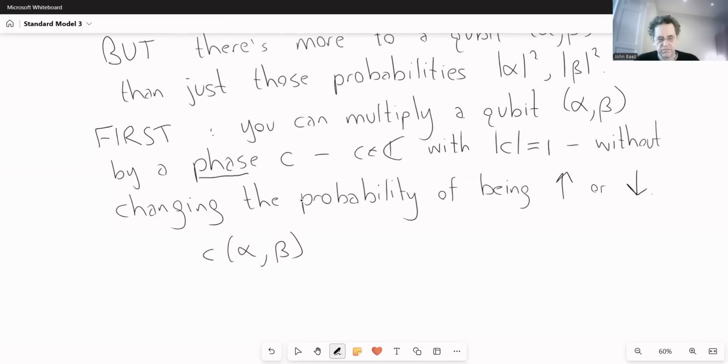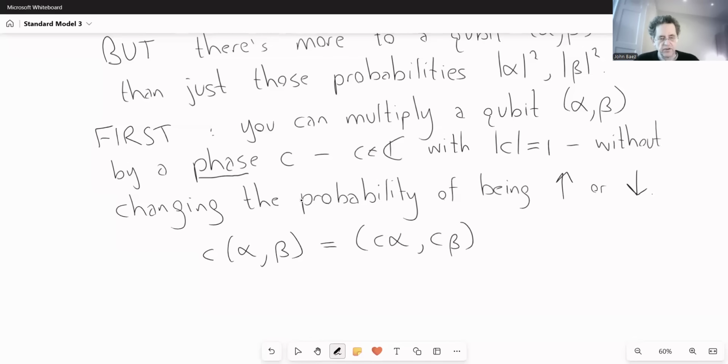But if you don't, no big deal. I'll just tell you, when you multiply a list of numbers by a number, it just means you multiply each entry in that list by the same number. So here I'm defining C times (alpha, beta) to be (C alpha, C beta). Okay, so that's what it means to multiply a qubit by a phase.